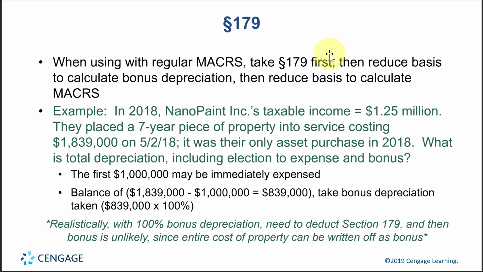There's another limitation for 179. Again, we saw the $1 million limit, 2.5 million, sometimes they call it a threshold purchase limit. And then there's an income limit. You cannot deduct more than your business income for 179 for the year.